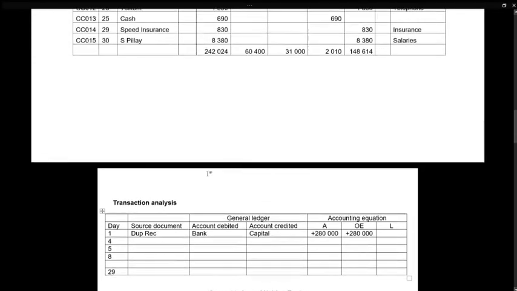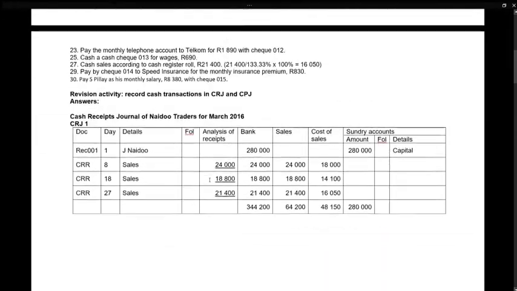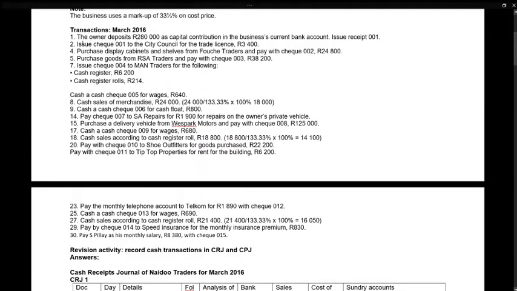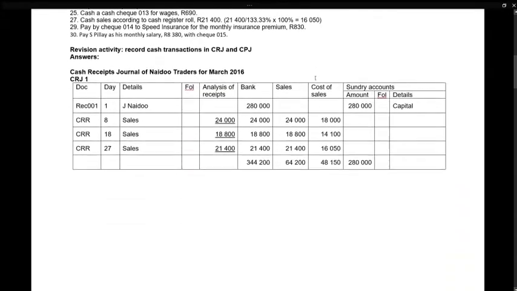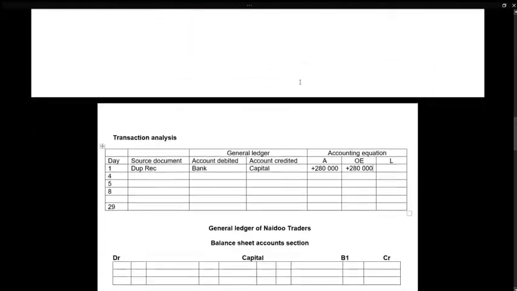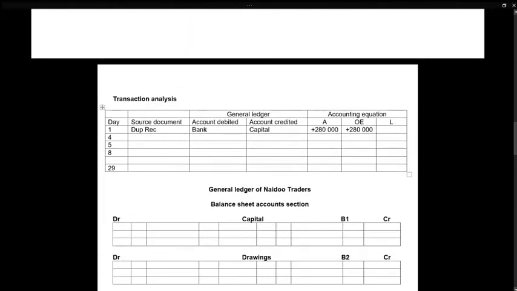Okay, on the fourth, let's go and have a look at that transaction on the fourth. Purchase display cabinets and shelves from Foucher Traders and pay with check 002, 24,800 rand. Right, on the fourth, our source document was a check counterfoil.